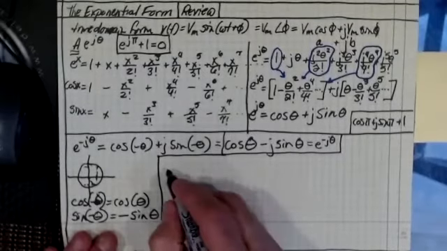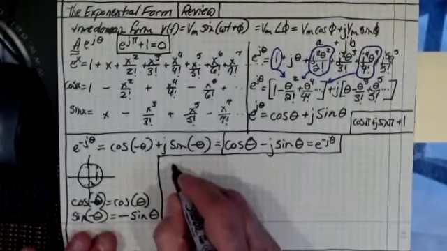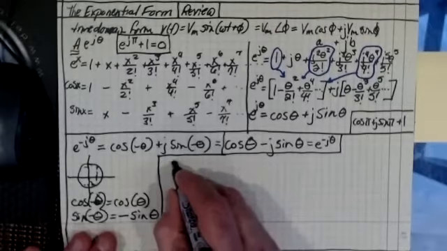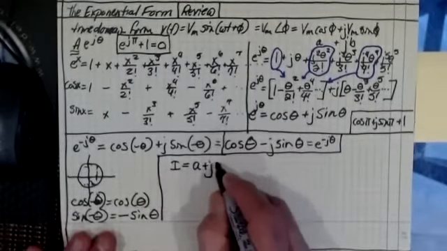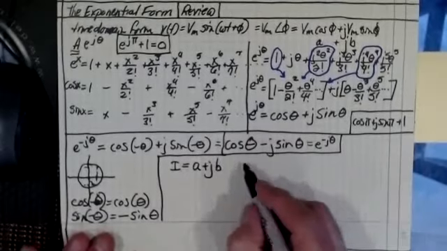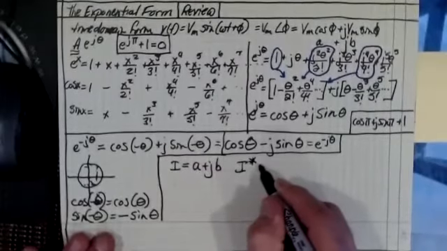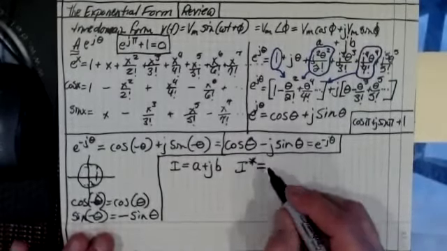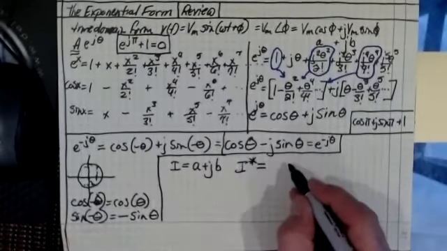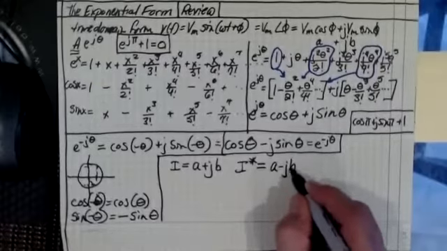Let's say that I was representing a complex thing, let's say current, and it was A plus jB. Then the complex conjugate of the current, which is usually denoted by an asterisk above it, would be A minus jB.